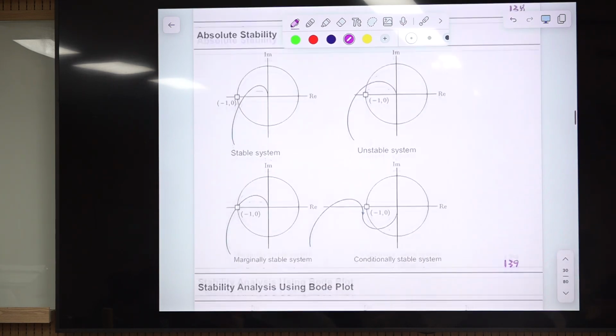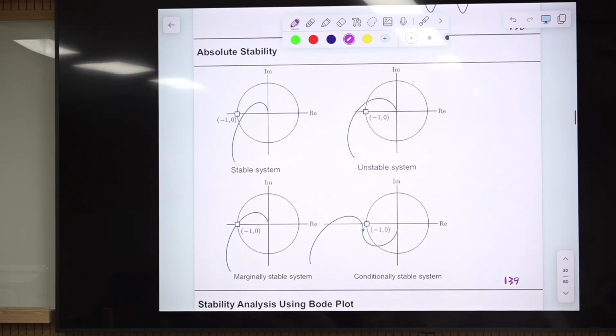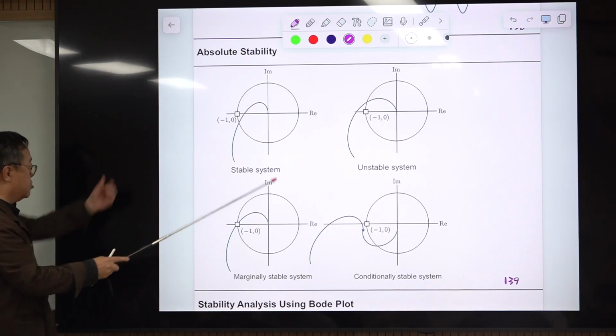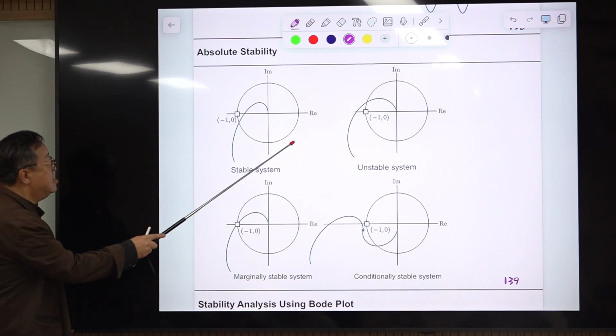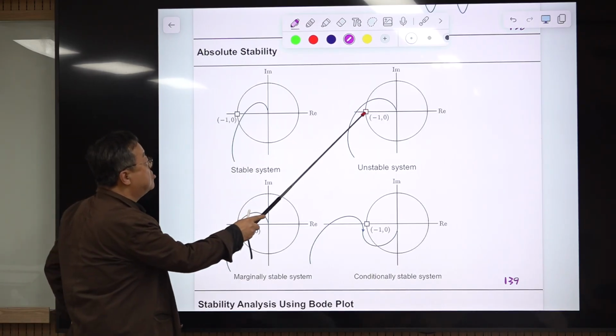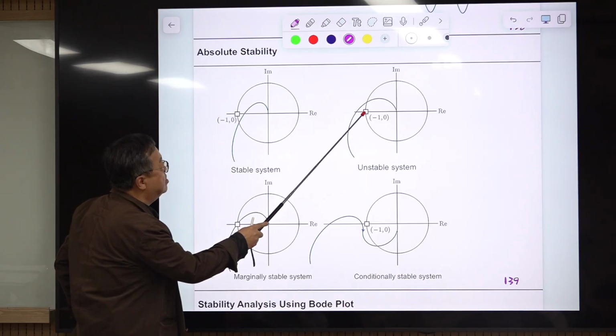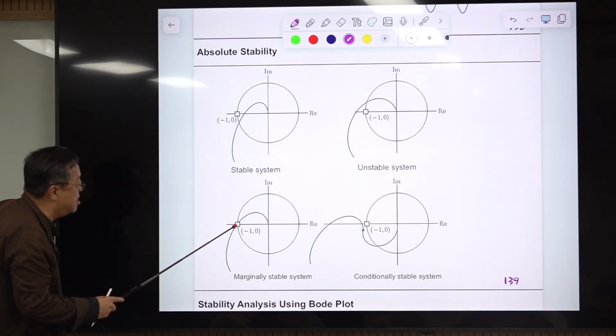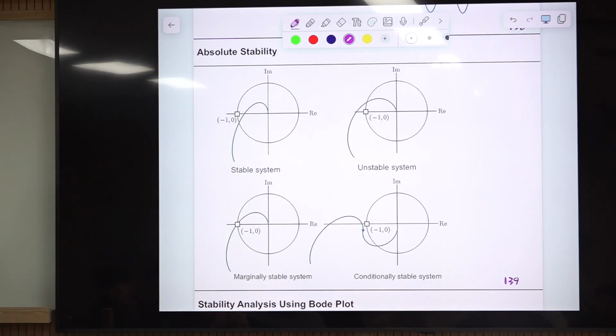All right, then we have these cases. This is a stable case, not encircling this, or passing through line segment A. Encircling this, or passing through line segment C, is unstable. And this is passing this critical point, a marginally stable system.